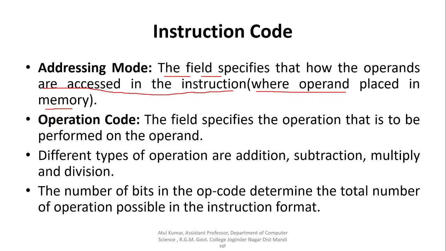The next part of the instruction is the operation code. This field specifies the operation that is to be performed on the operand. There are different kinds of operations, including addition, subtraction, multiplication, and division. The number of bits in the opcode determines the total number of operations possible in the instruction format.